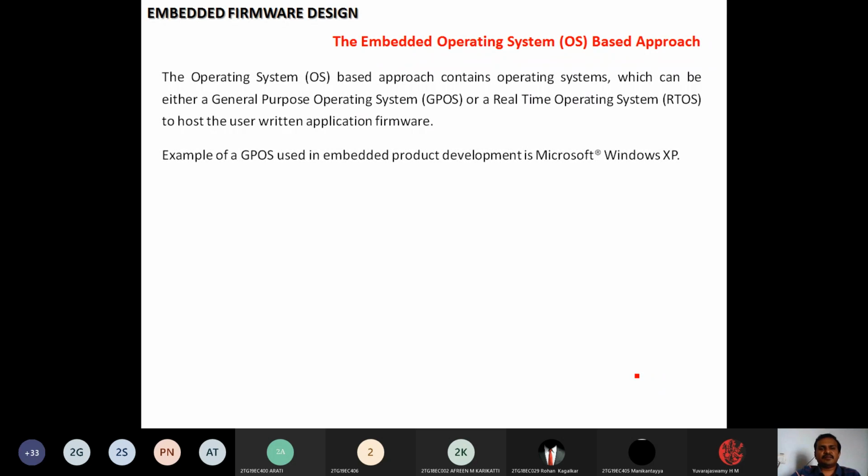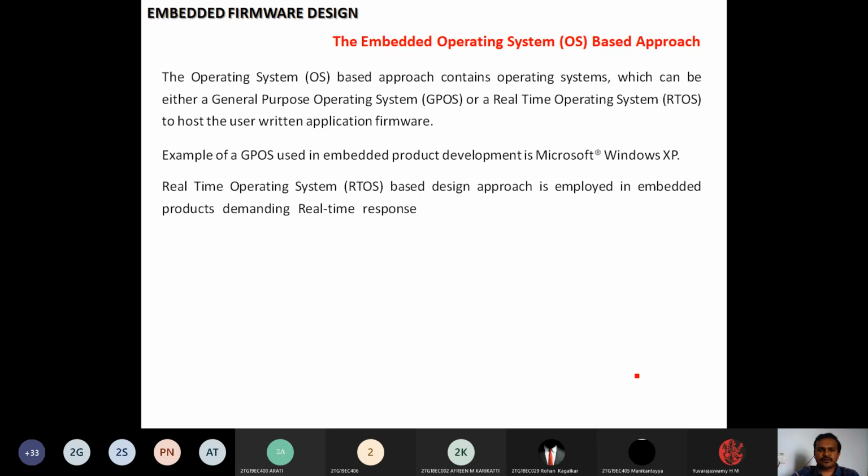The example of the GPOS used in embedded product development is Windows XP, which we are familiar with, the general purpose operating system. Whatever firmware we write, we are going to use this OS platform for execution.